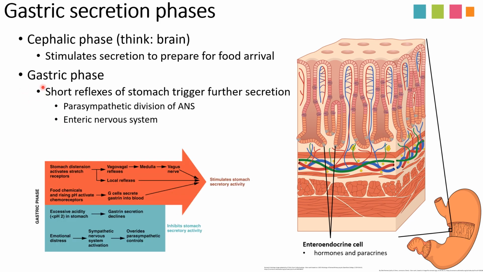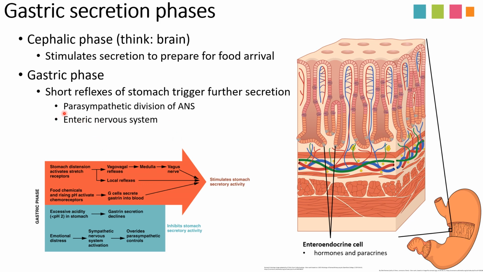The next phase is the gastric phase, which, as the name suggests, occurs with events in the stomach. Specifically, as the stomach fills up and distends and stretches, that activates short reflexes in the stomach that trigger both more secretions, because now there's stuff in the stomach that needs to be broken down, and mixing and churning within the stomach.